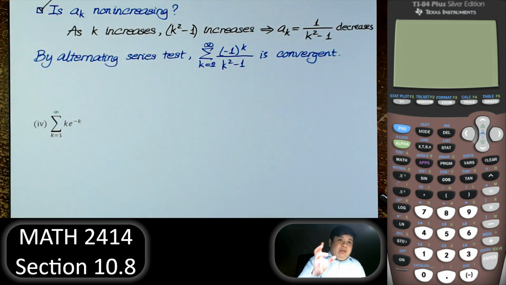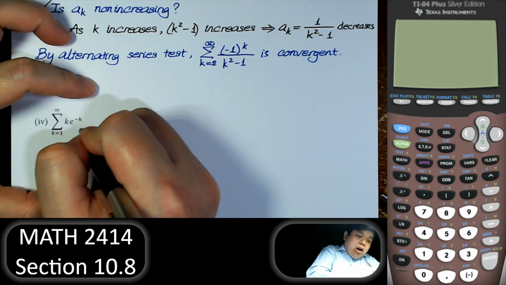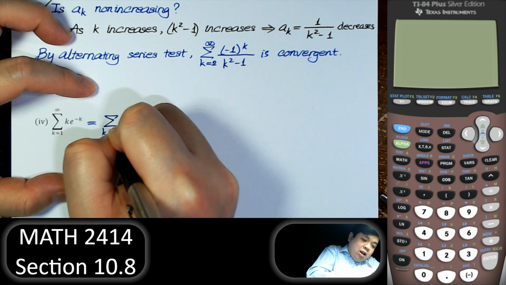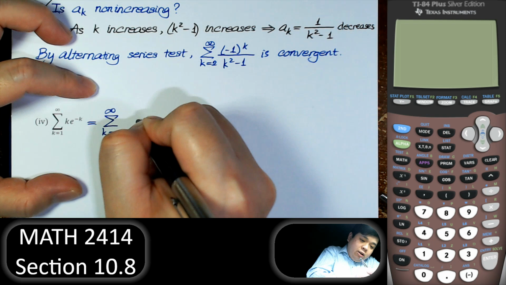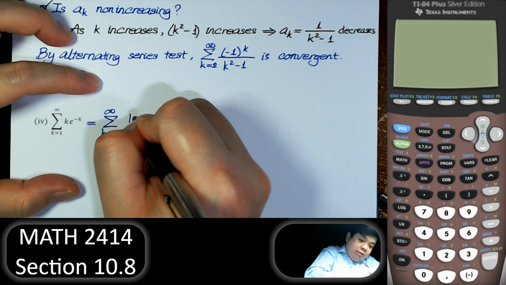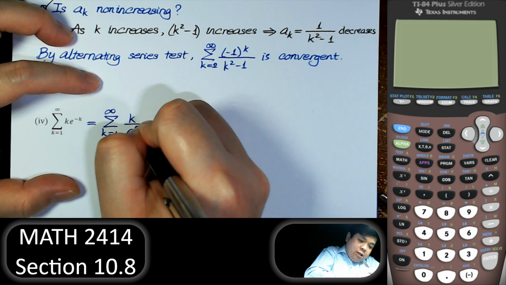So divergent test: if the k terms do not go to 0, then that's it, it is divergent, and we say nothing further. So usually this will be written in terms of a quotient. So e to the negative k, if we move it down, we have k e to the k.